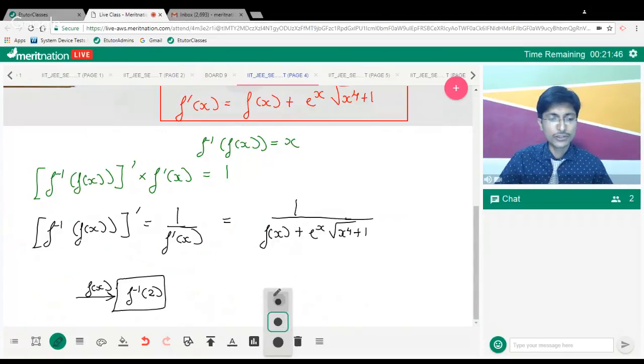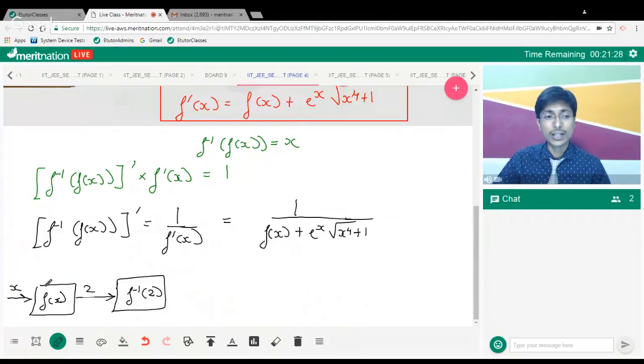So what basically can I write? I can write it like this also. f(x) is there, so I want output as 2. So I need to figure out what's the value of this input x, which is giving output as 2.